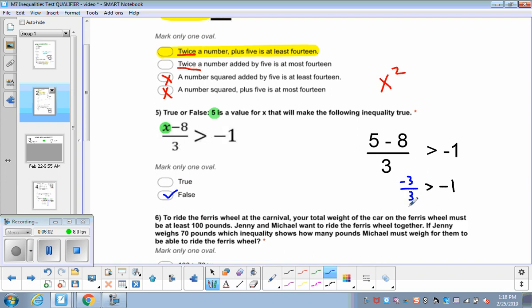Now we've got to figure out, is negative 1 bigger than negative 1? No, this is a false statement. For this to be a true statement, we would have needed the or equal to line underneath it. This was kind of easy because all you had to do was plug in the 5 right here, then simplify and check.